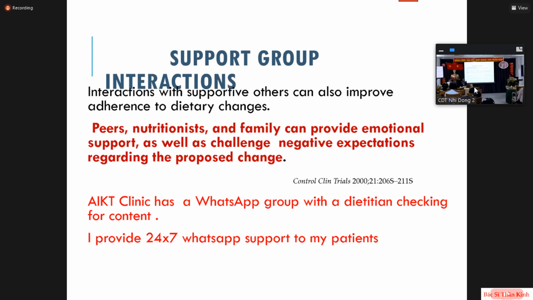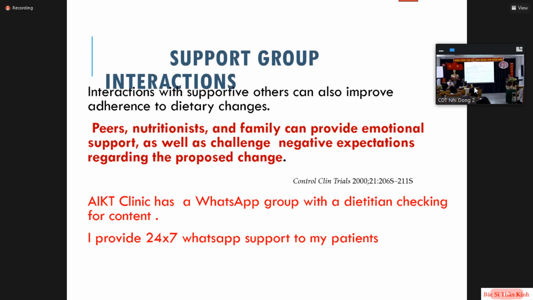Then support group interactions are very important, and interactions with others who are in the same situation as you can improve adherence to the changes that we are suggesting. Peers, nutritionists and family can provide emotional support and also challenge negative outcomes or expectations regarding the change. Let me add that the AIKT clinic, Dr. Nathan's clinic, has a WhatsApp group with the dietitian checking the content and of course replying to the patients.